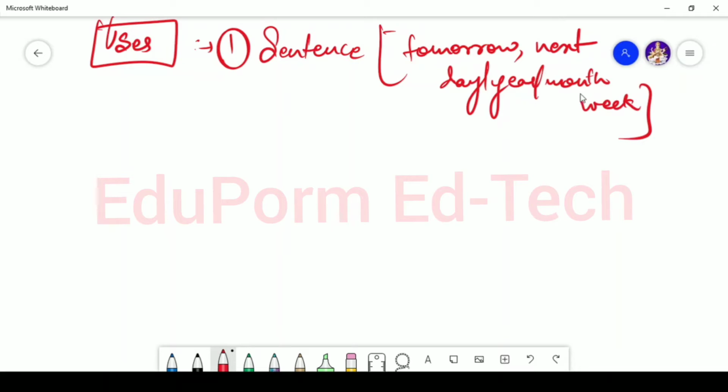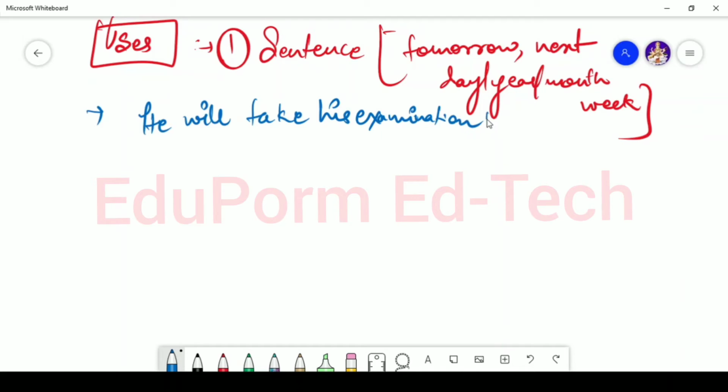So whenever you're talking about any sentence which makes use of tomorrow, next day, year, month or week, in that case you make use of simple future tense. Let's say for example, he will take his examination next year.